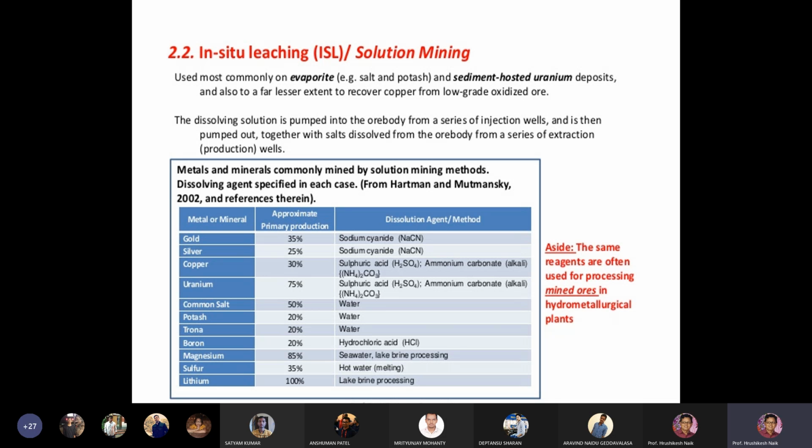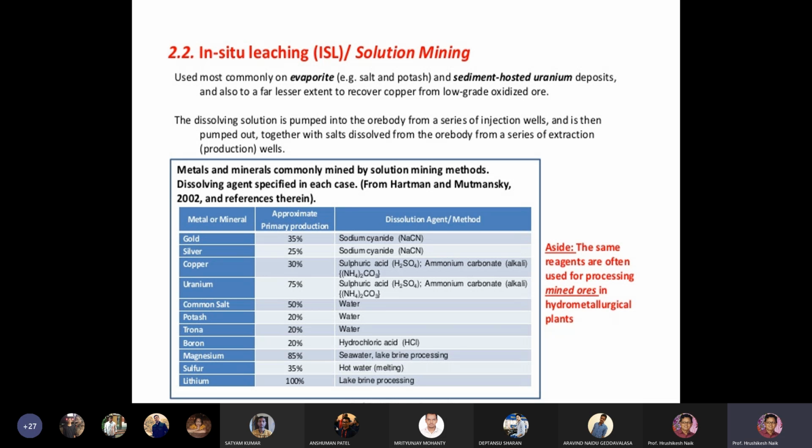The dissolving solution, an acid, is pumped into the ore body from a series of injection wells and is then pumped out to the surface, together with salts dissolved from the ore body, from a series of extraction wells, production wells.